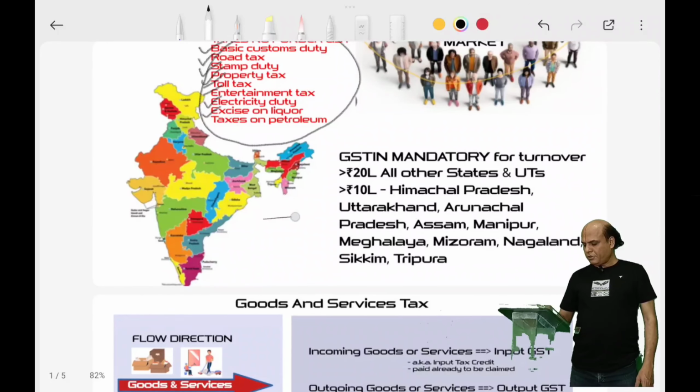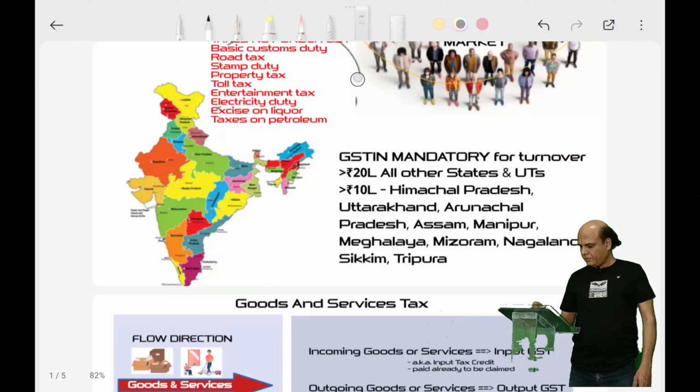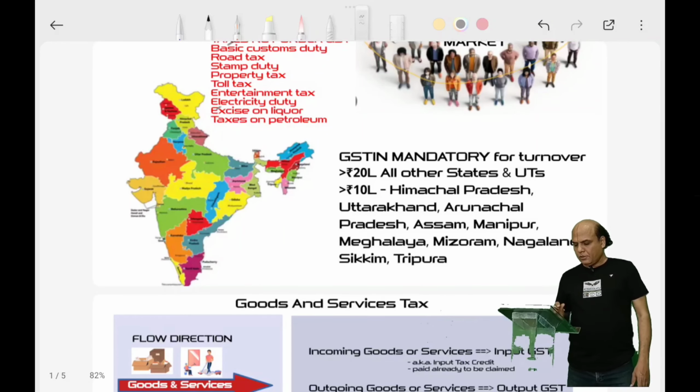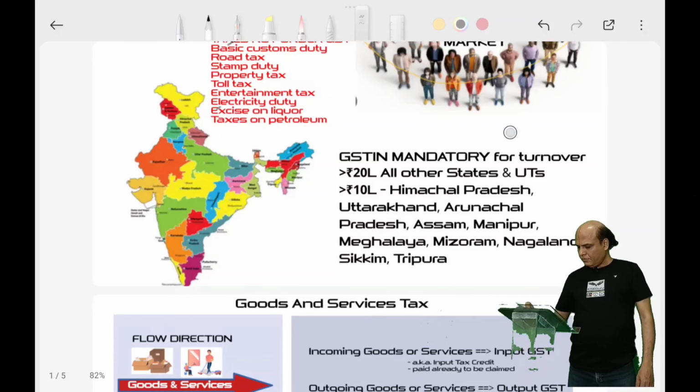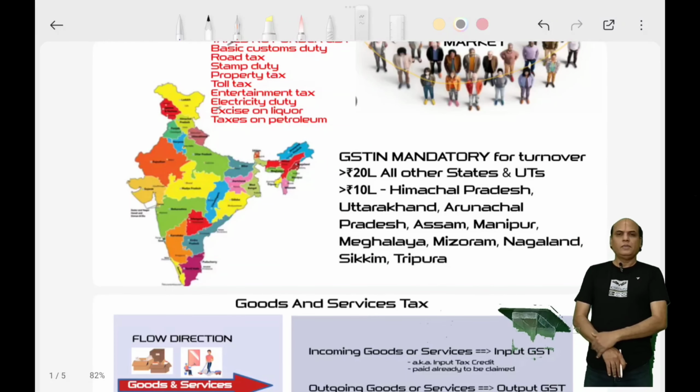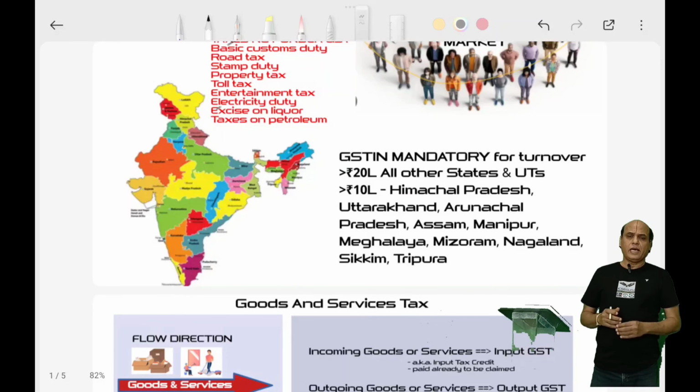I hope you are able to see our beautiful country, India. So India has got 28 states and 8 union territories.